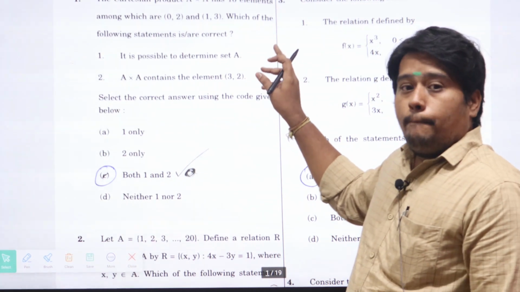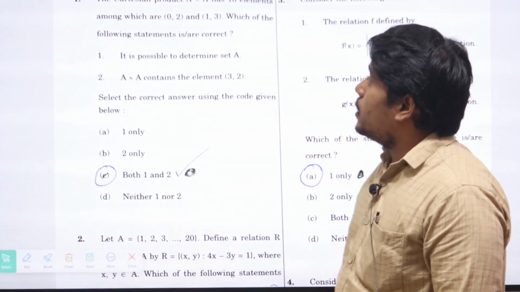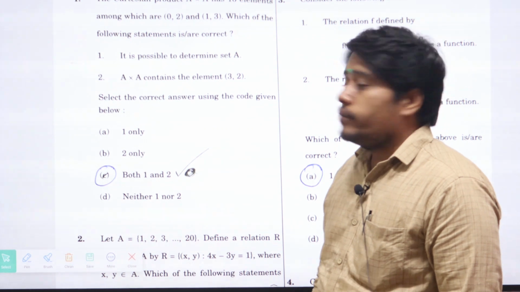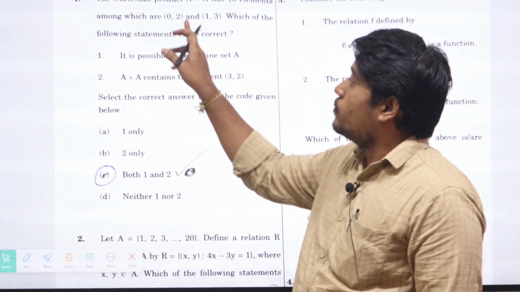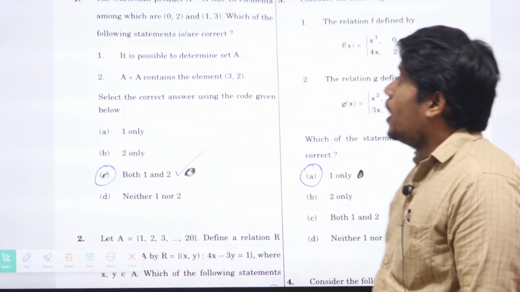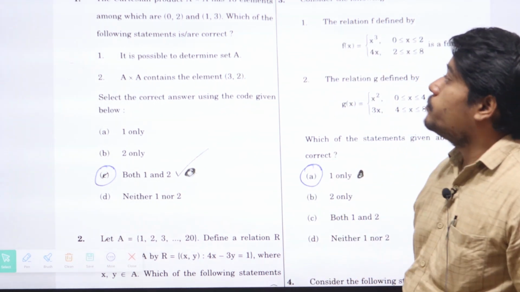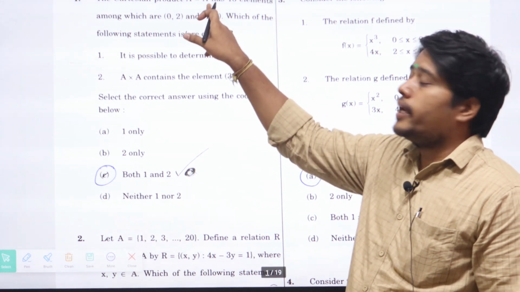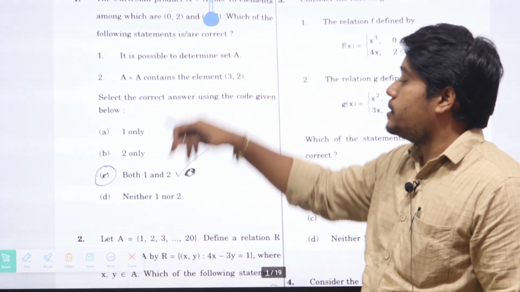So the first problem: the Cartesian product A cross A has 16 elements, among which are (0, 2) and (1, 3). Which of the following statements is correct? So we know that A cross A consists of 16 elements.